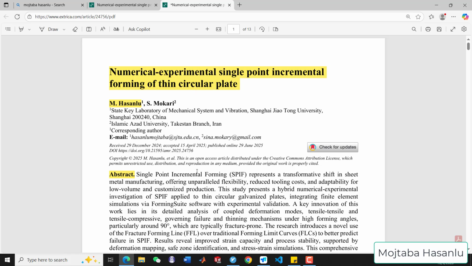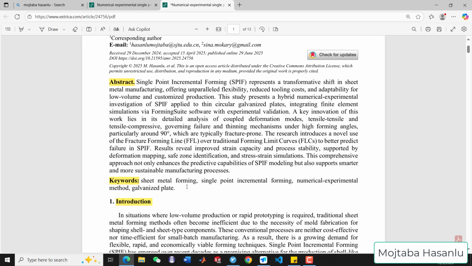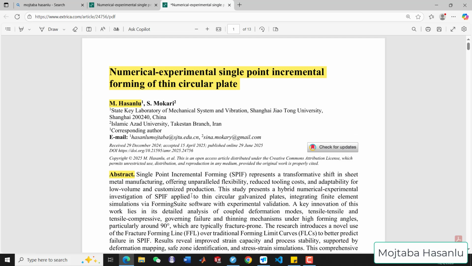So in my opinion, it's very significant that, first of all, you know about each part of the research paper in detail. So for the next sessions, we are talking about the other aspects of the research paper completely.